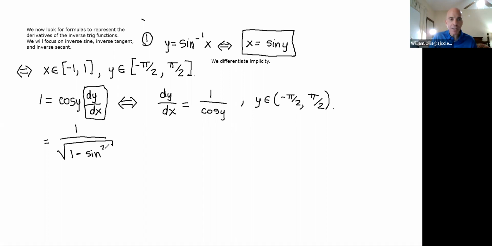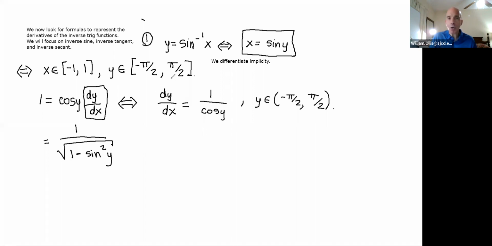I thought about this and I thought this is so much easier than trying other methods, because this is appealing to what you already know. So again, the cosine y is positive for these values of y. So we simply replace it with the positive square root of 1 minus sine squared y.